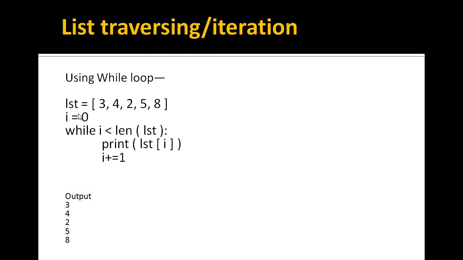So the first value of i is 0. It is compared with 5, and because 0 is less than 5, it's true. So both statements inside this while loop are executed.